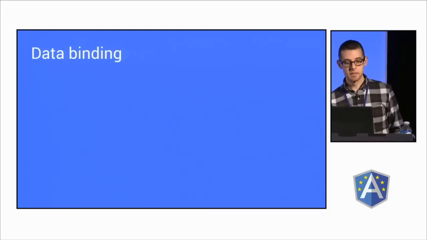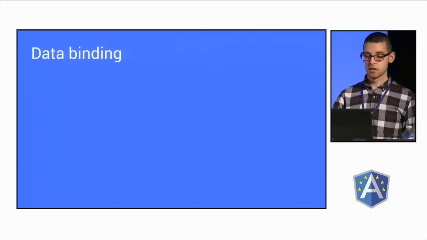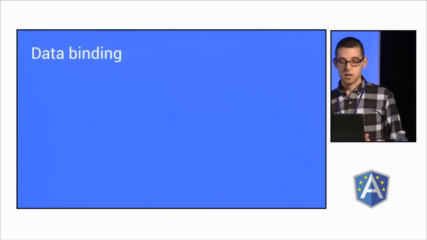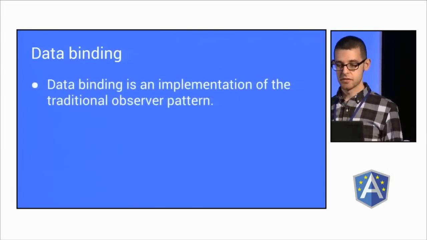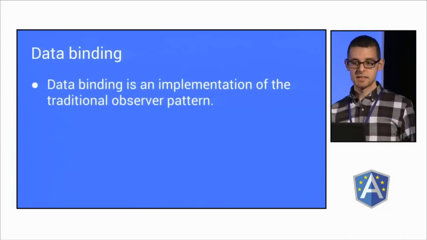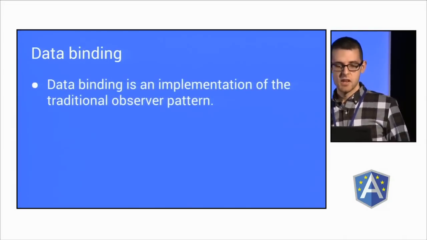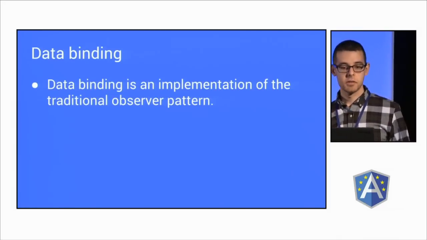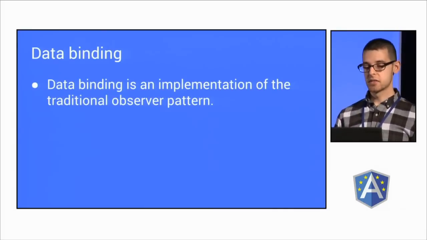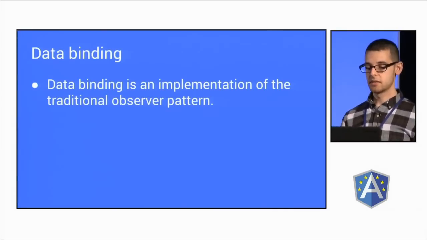So next, looking at data binding, the other major pillar of what Angular is giving you, we can actually look at data binding and see this as an implementation of the observer pattern. This might not seem very obvious at first, but when we think about it, it can make a lot of sense. The idea behind the observer pattern is that you have a lot of different subscribers that are totally independent from each other, but each have some reference to an event channel.